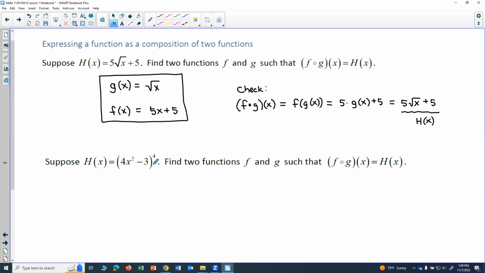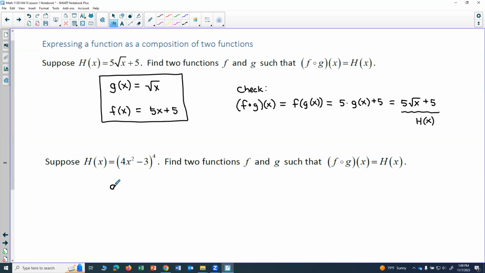Here's another one. We want to identify f of x as the outer function and g of x as the inner function so that f of g of x equals h of x. h of x equals parentheses 4x squared minus 3, close parentheses, to the 4th power.